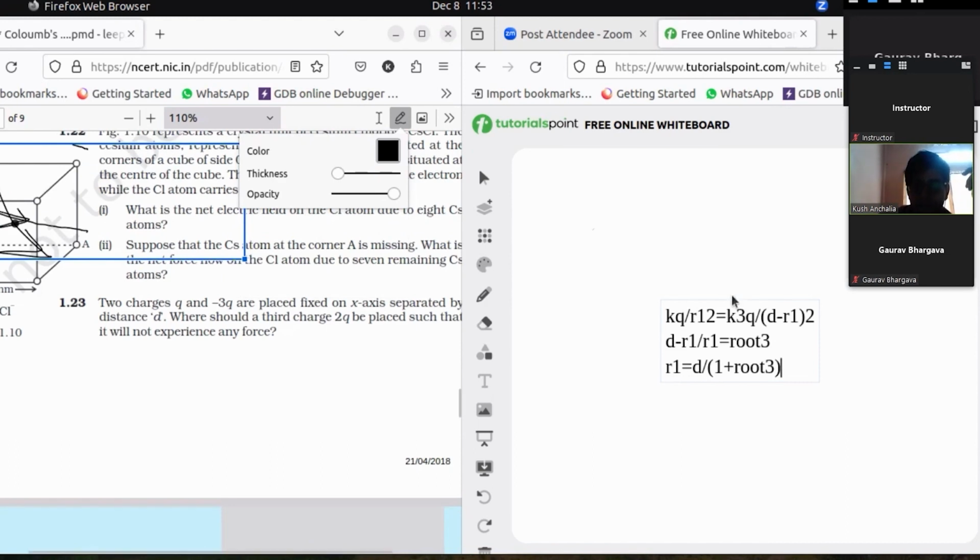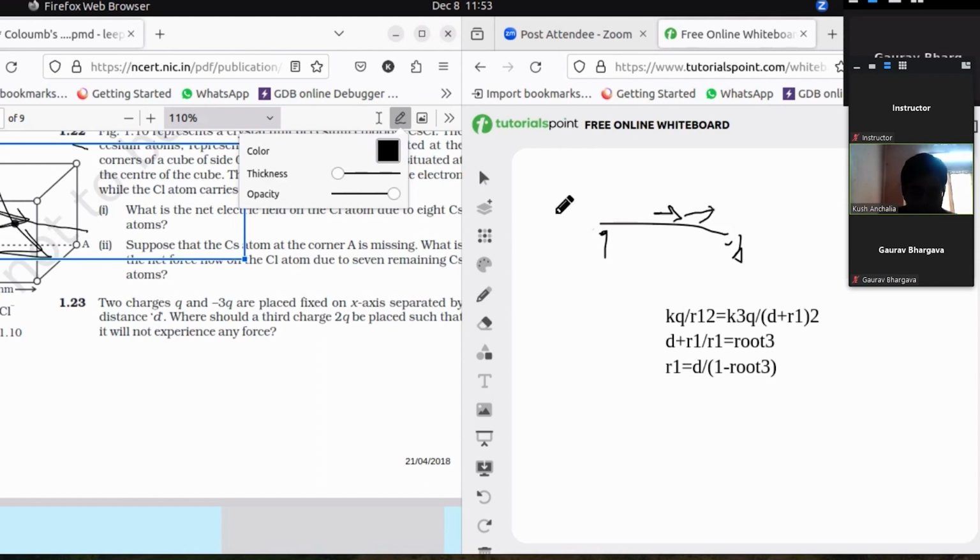Here it shouldn't be d minus, it should be d plus. Let me tell you the concept. Net force should be equal to 0. Here plus q is there, here minus 3q is there. If we place any charge here, let us suppose we place a plus, it will force this side, and the minus will also attract this side.